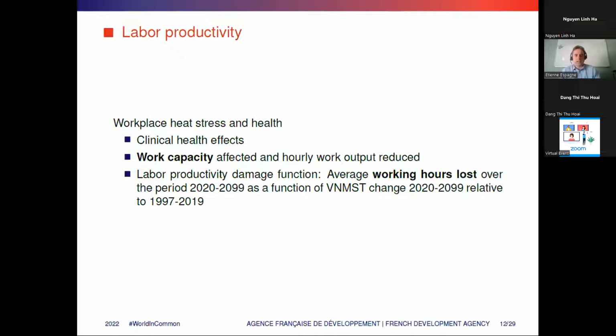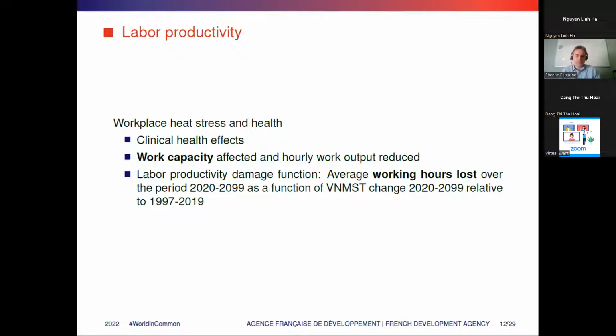And here you have lots of different types of studies, some looking at the impact on work hours lost. Some others are just looking at the impact on a variable called WBGT, which is basically a measure of the capacity of human beings to support a mix of temperature and humidity.